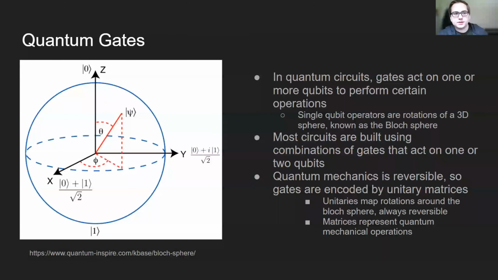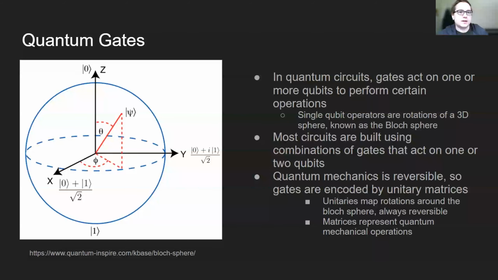But another thing that's important to realize is that in general, quantum mechanics is reversible. What this means for defining quantum gates is that these gates need to be defined in a way that is reversible as well. And so we encode these gates by defining them as unitary matrices. These unitaries map rotations around the Bloch sphere.